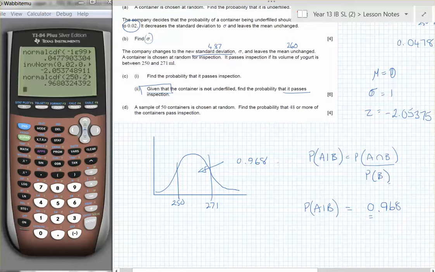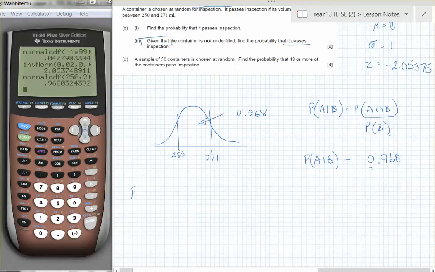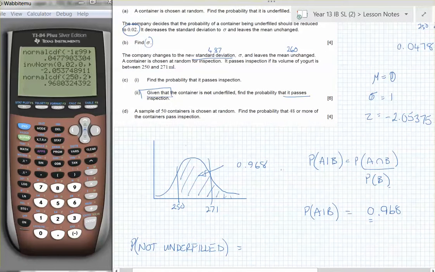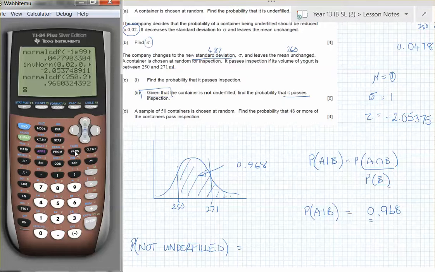Then what we've got to work out is the given that. So given that it is not underfilled, we've got to work out the probability of not underfilled. Okay? So that's what we need for the denominator. So the probability of it not being underfilled is obviously all of this side, right? So we could go through and redo it.